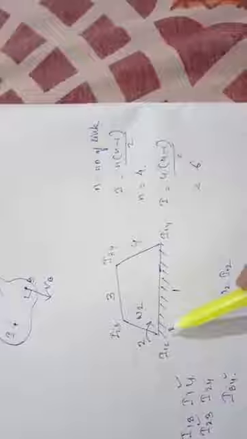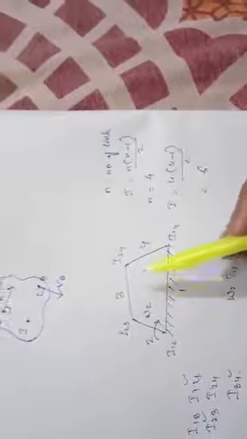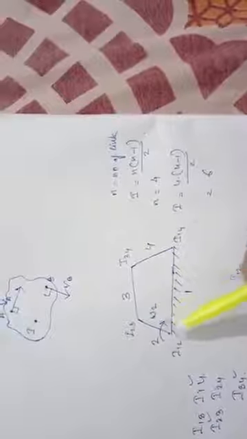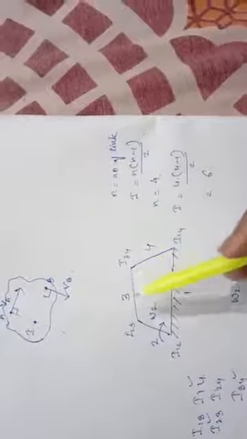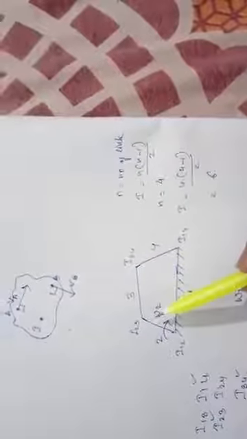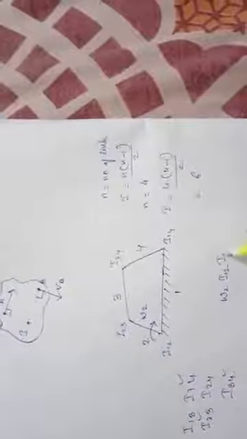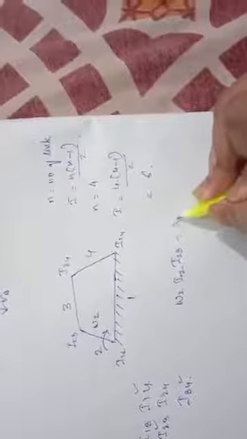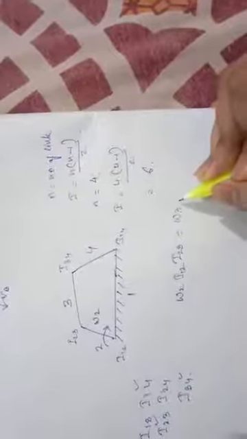Then we write the I-center between the two links under consideration. Here we are finding omega 3 with the help of omega 2, so it will be I23. So omega 2 I12 I23 equals omega 3, which is our required angular velocity.